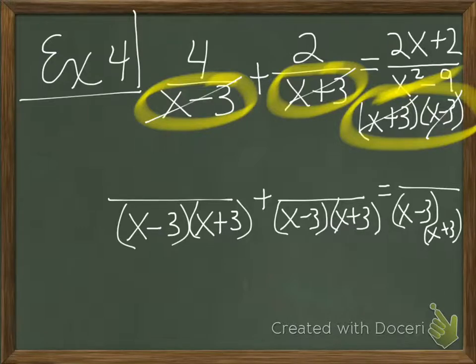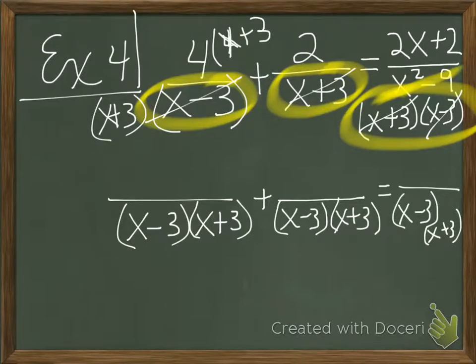So for x minus 3, we just multiplied by x plus 3. So multiply 4 by x plus 3. So 4 times x plus 3. For the 2 over x plus 3, we need to multiply that by x minus 3.